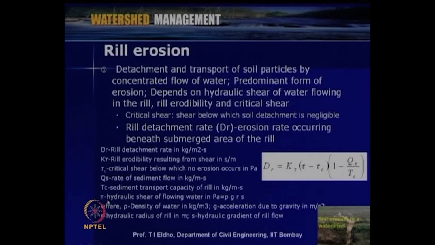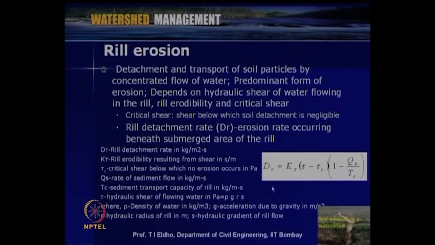Tau is the hydraulic shear of flowing water, which can be written as rho g R S, where rho is the density of the water, g is acceleration due to gravity, R is the hydraulic radius of the rill, and S is the hydraulic gradient of the rill flow.